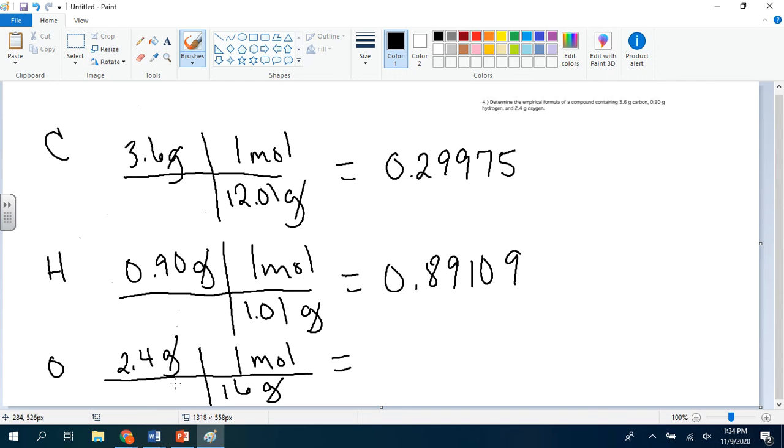Okay, so here we'll take 2.4 divided by 16. All right, and this one is 0.15. Okay, so there's all of them converted to moles. The smallest one is here. 0.15 is smaller than those. So I'm going to divide all of them by 0.15.